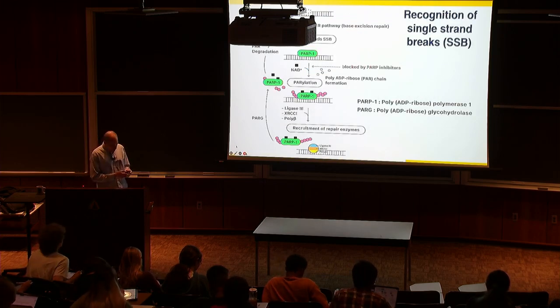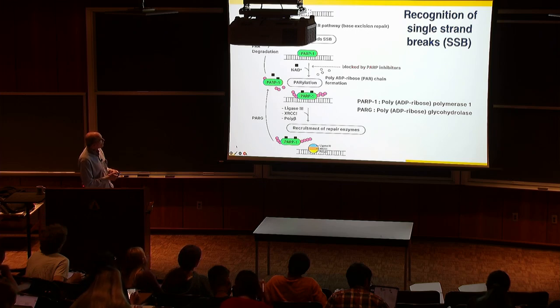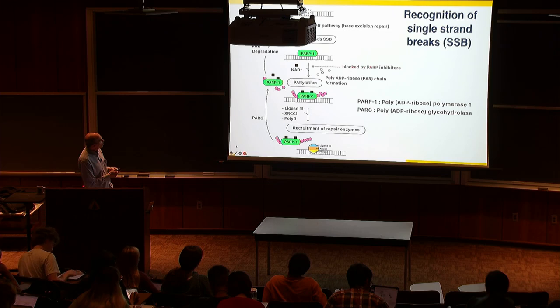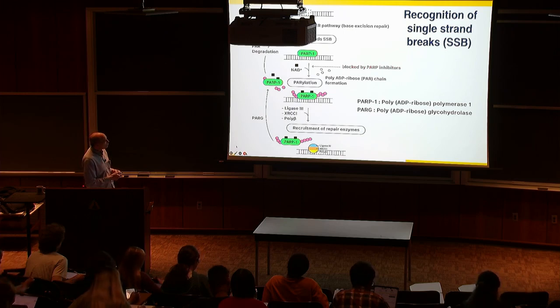Here's just another theme that is basically the same as in bacteria, but the player happens to be different. This is recognition of single-strand breaks and single-strand DNA by a protein called PARP, poly-ADP ribose polymerase. This is famous because there's an anti-cancer drug now that targets this pathway. And PARP basically does something like what REC-A does. It recognizes single-strand DNA as a sensor, but the chemistry is a little different.